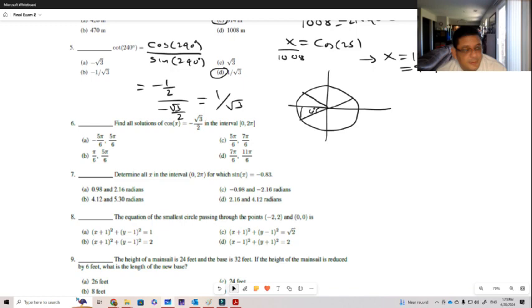Now, 6 is also similar in terms of the things that you need to do. You need to find all the solutions of cosine of x equals minus the square root of 3 over 2. We actually just found out that that was related to 240. And 240 is 4 pi over 6, right?